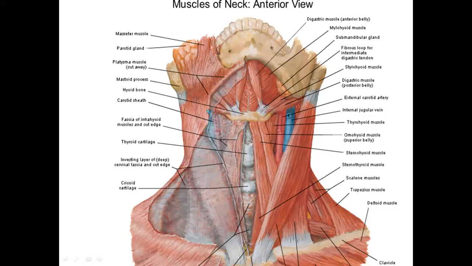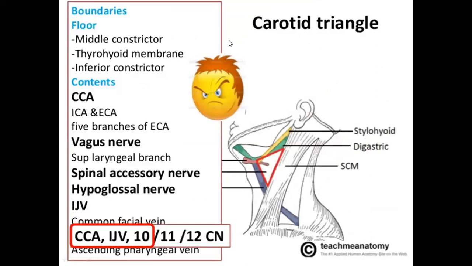Now, very important to know what are the contents of this carotid triangle. See, as I told you, thyrohyoid membrane, inferior constrictor. Contents are the common carotid artery. The common carotid artery lies in this. This common carotid artery divides into internal and external carotid artery, vagus nerve, internal jugular vein, ansa cervicalis. Then you have 11th cranial nerve, 12th cranial nerve.